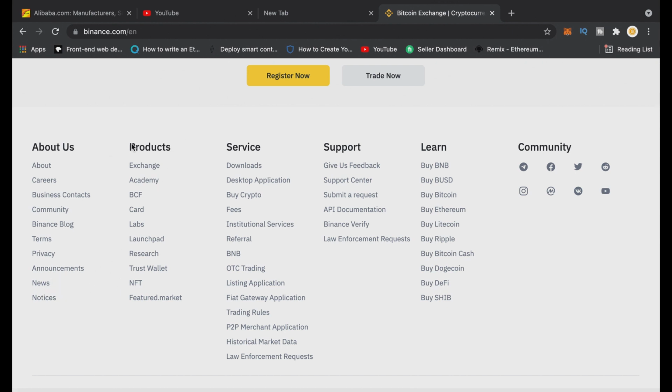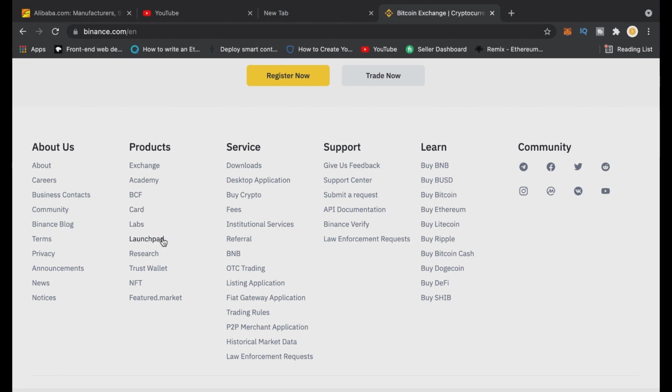On the product section here, you can see Exchange. If you click here, it takes you to the exchange. They have an Academy if you wish to learn how to trade or understand certain parts of their site. You get registered, and then you get to learn. They have BCF, a card, Labs, and Launchpad.